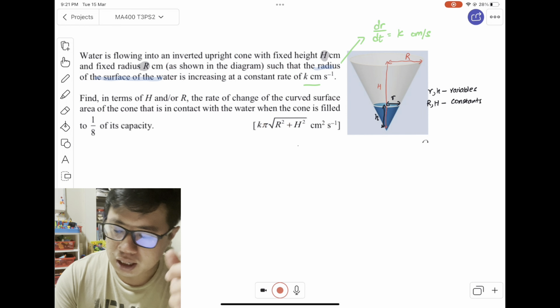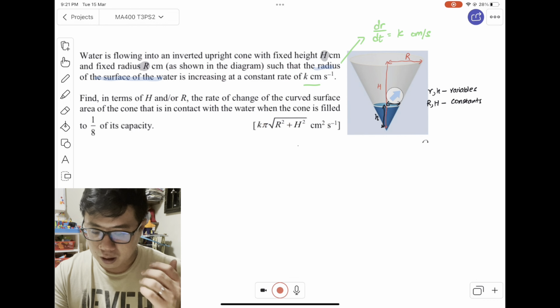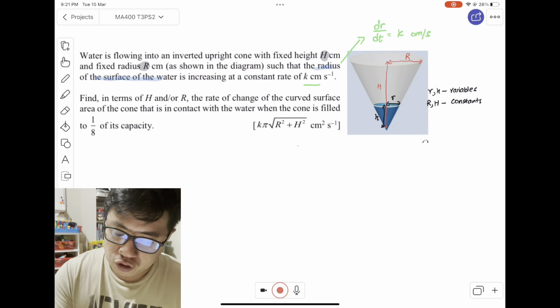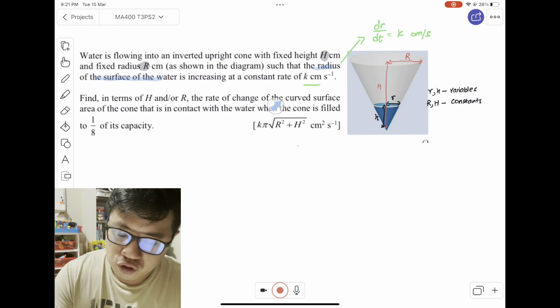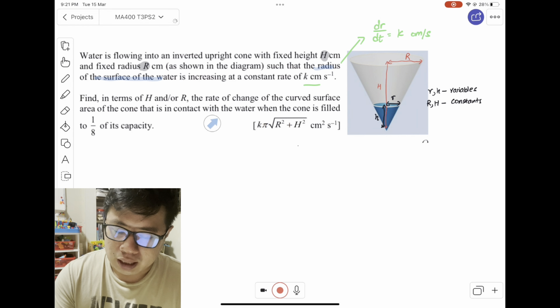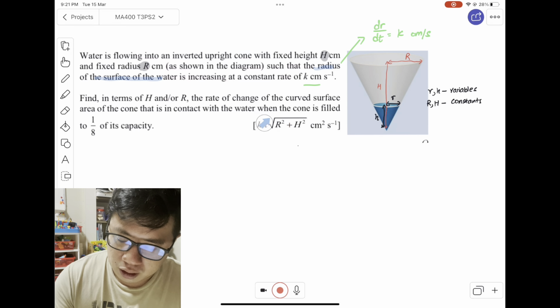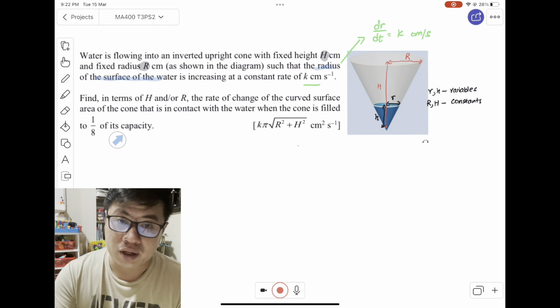Now find, in terms of capital H or R, the rate of change of the curved surface area of the cone that's in contact with the water when the cone is filled to 1/8 of its capacity.